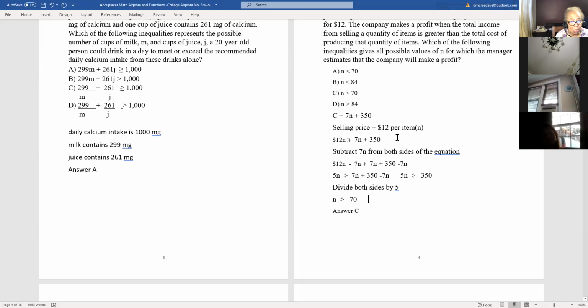Now this 350 is a constant. That means that's a cost that you'll have for producing it regardless of how many you make. That's like a fixed cost. Okay. So 7 times the number of items plus 350.